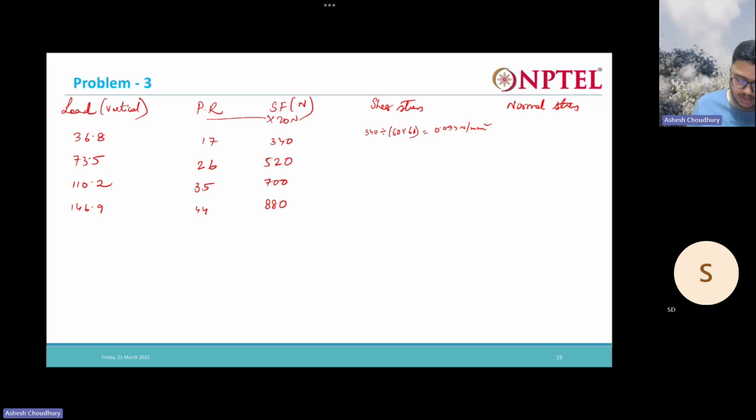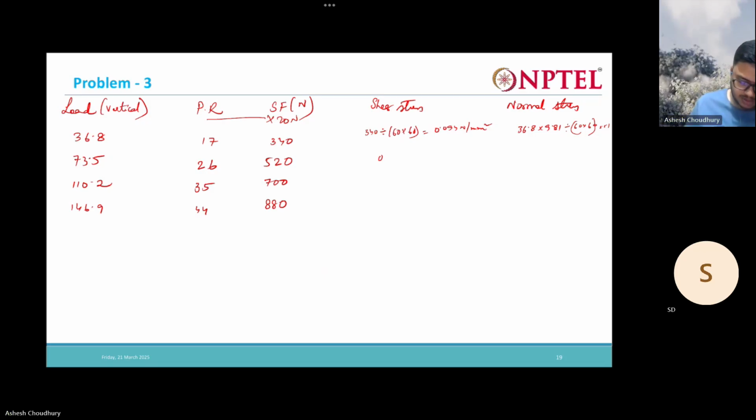Similarly, normal stress will be how much? Load 36.8 times 9.81 divided by 60 into 60 equal to 0.1.